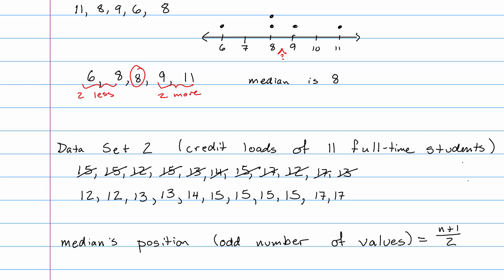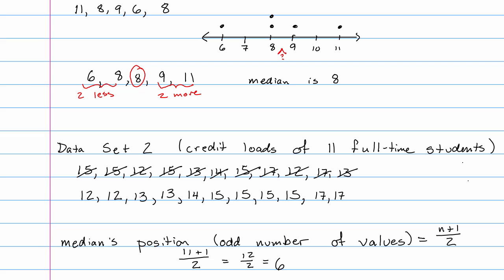Let's do that, and then we'll see why it works. In this example, we have 11 values, add 1 to that, divide by 2. So that's 12 divided by 2 is 6. The median should be the 6th number.